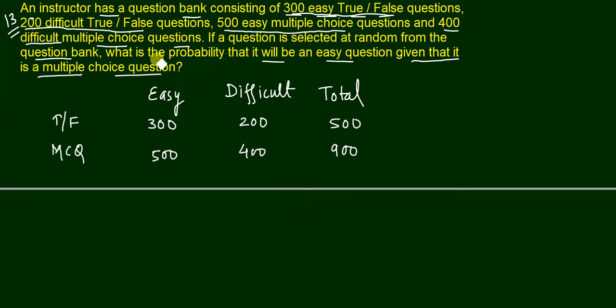What do we have to find out? We have to find out the probability that it will be an easy question given that it is a multiple choice question. So the event E will be what? Easy question. We take E as getting an easy question.